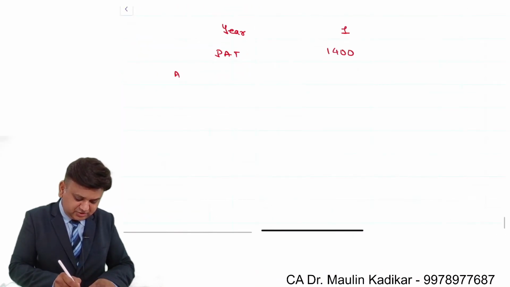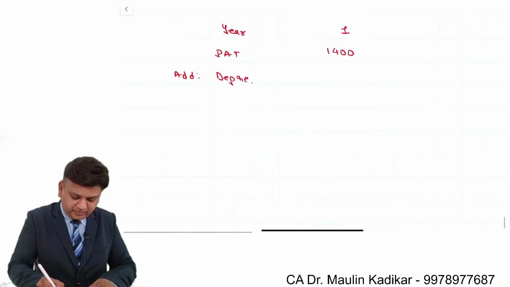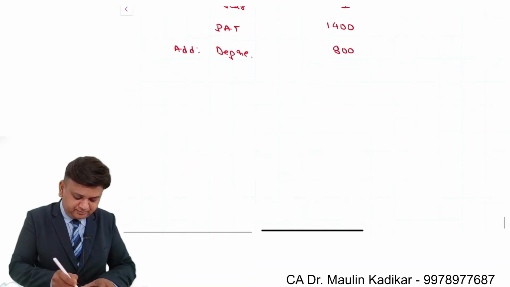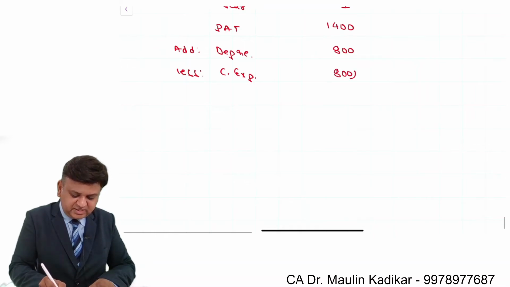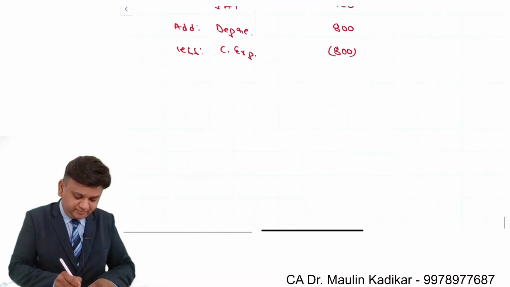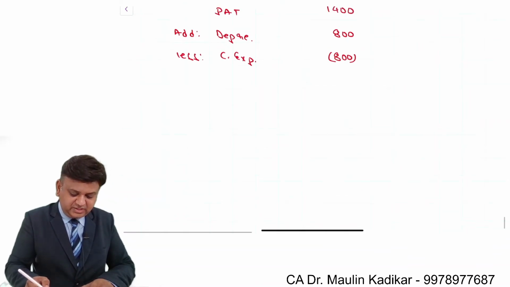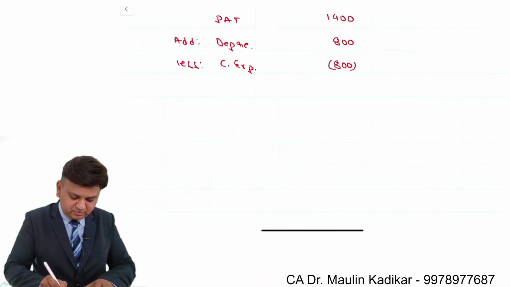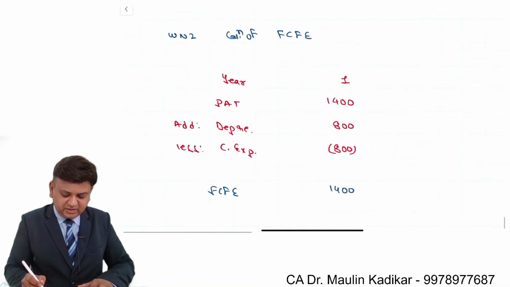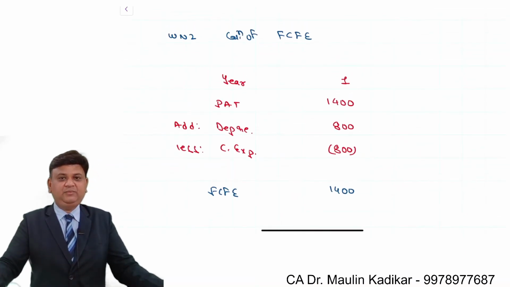Add back depreciation. It is an amount of 800. Less capital expenditure. It is again 800. No working capital change, so I am not writing it. So in that case, we understand free cash flow for equity will be 1400. This will be for end of year 1 and it is going to remain same for perpetuity.